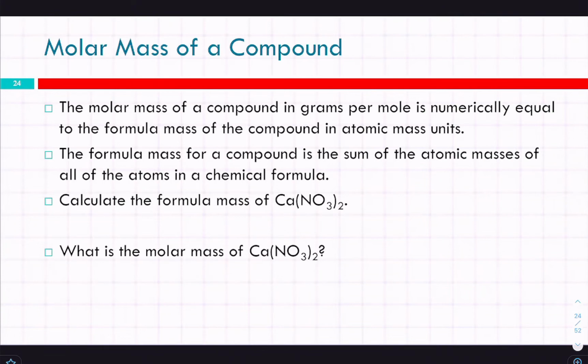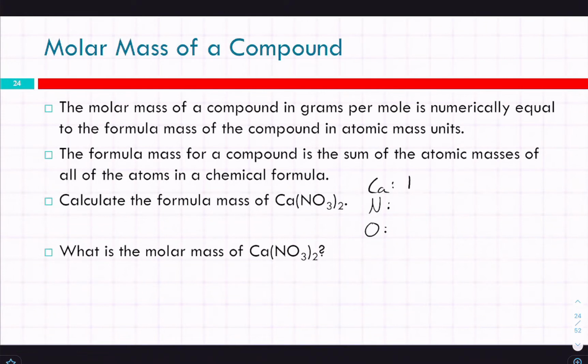Oh yes, the formula mass and the molar mass are the same. So the formula mass of calcium nitrate, if we count up the number of atoms, we have calcium, nitrogen, and oxygen. Those are all the types of atoms that we have. So how many calcium atoms are there? Just 1.